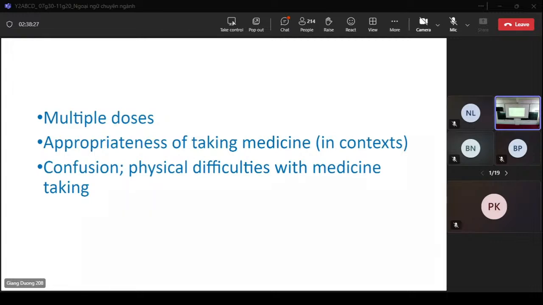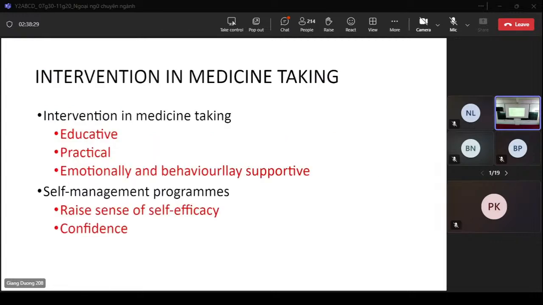Đó là những ví dụ của các cái từ khóa sẽ xuất hiện trong bài nha các bạn. Intervention, những cái can thiệp. In medicine taking. Some methods. Educative, practical, emotionally, behaviorally, supportive. Or sound management programs. Raise sense of self-efficacy and confidence.